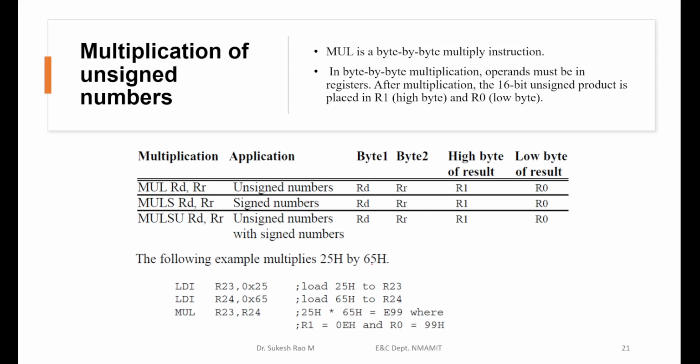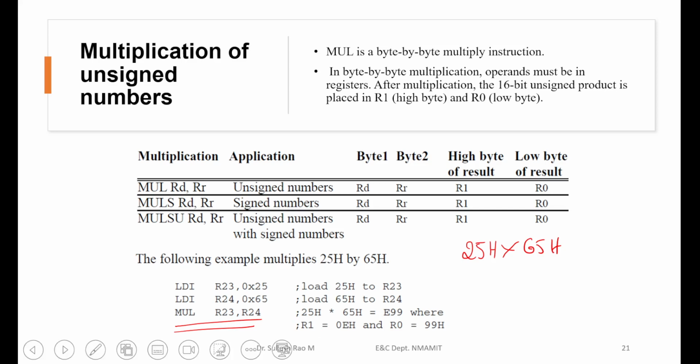If you want to multiply 25h into 65h, they load those into R23, R24, and you just look at these instructions. It multiplies, assuming the result will come in R0 and R1. We will have a look at the simulation part once, to see how these instructions show the results.